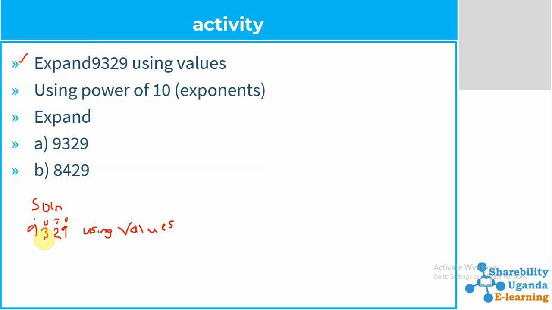So this gives us an overview that we shall use our place values to understand this more, because we want to use the values of this number. This digit is in 1,000, so we look at how many zeros represent 1,000.